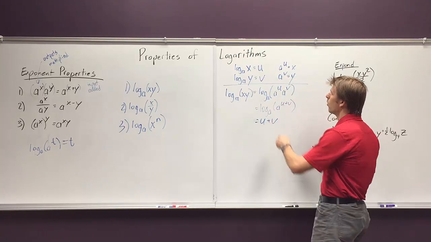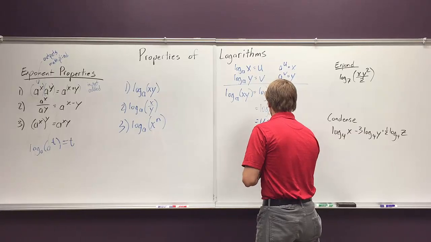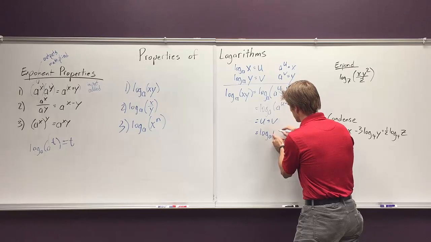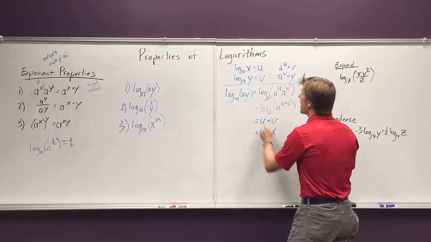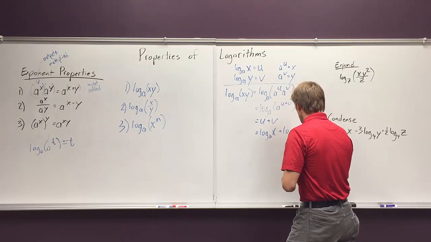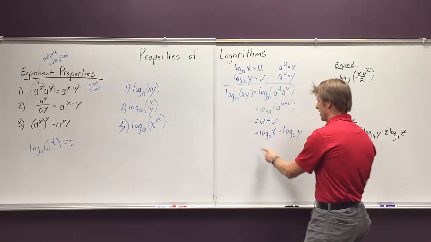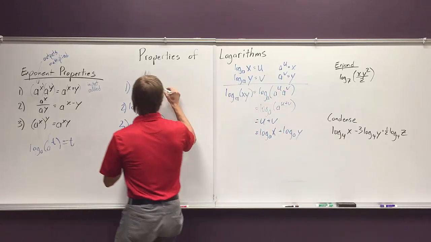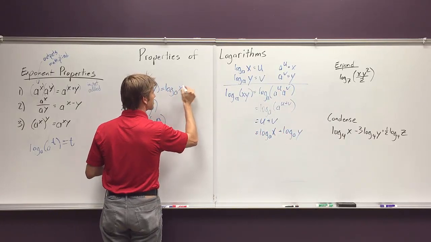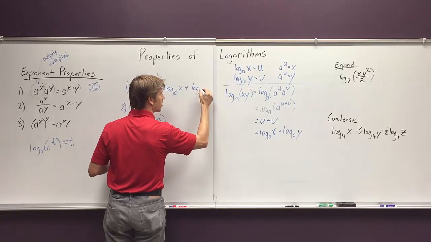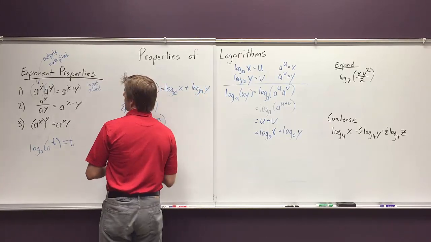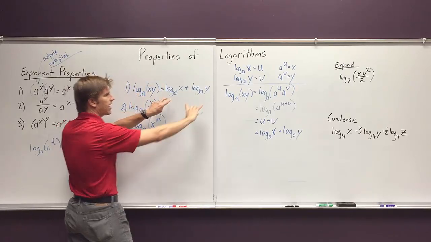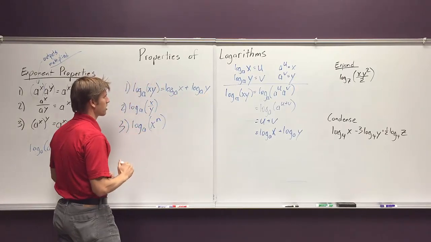Okay? Well, what's u? u is log base a of x. And v is log base a of y. So log base a of xy is equal to log base a of x plus log base a of y. Notice what we said. These inputs are now multiplied, the outputs are now added.